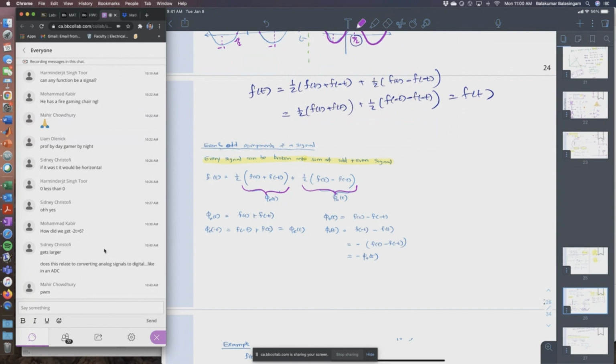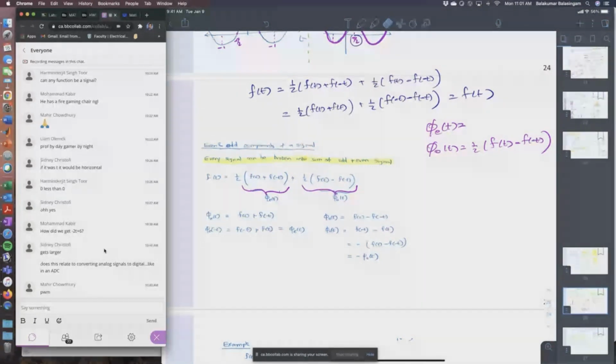But the important part is that the first portion, phi_e(t), half of f(t) plus f(minus t), acts like an even function. We will show that it is an even function. The second portion, phi_o(t), half of f(t) minus f(minus t), is an odd function. All you have to do to prove it is substitute negative t.